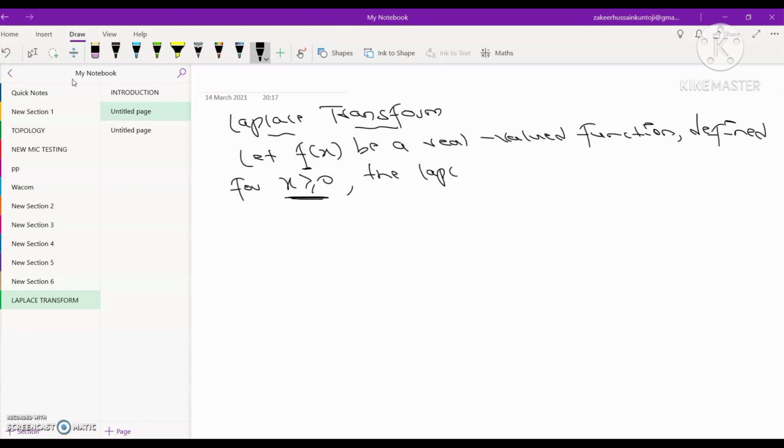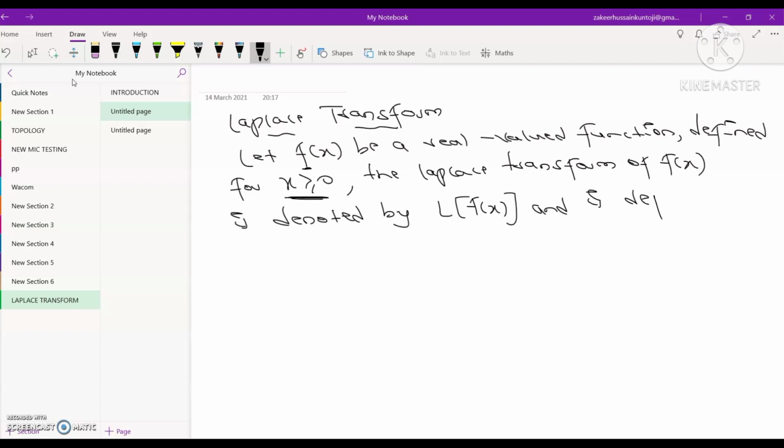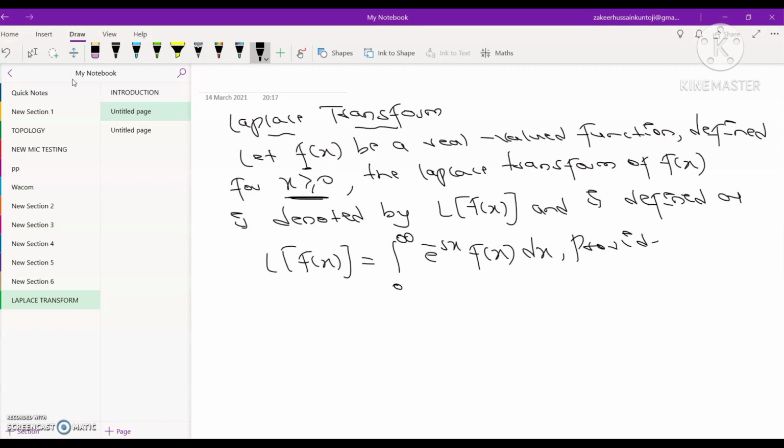The Laplace transform of f of x is denoted by L of f of x, and defined as L of f of x equals the integral from 0 to infinity e raised to minus sx f of x dx, provided that the integral on the right side exists.